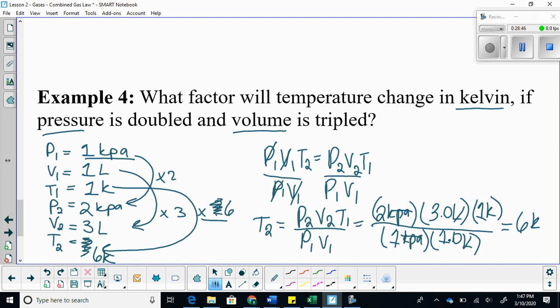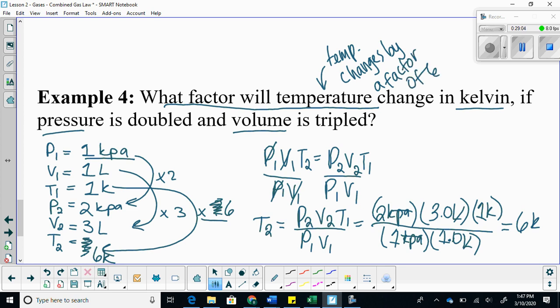Again, you need to answer what the question is asking. It's asking what factor will temperature change by? Temperature changes by a factor of 6. Do we understand?